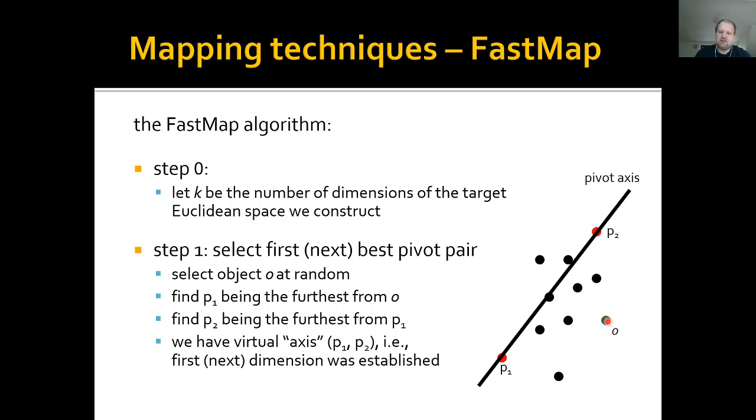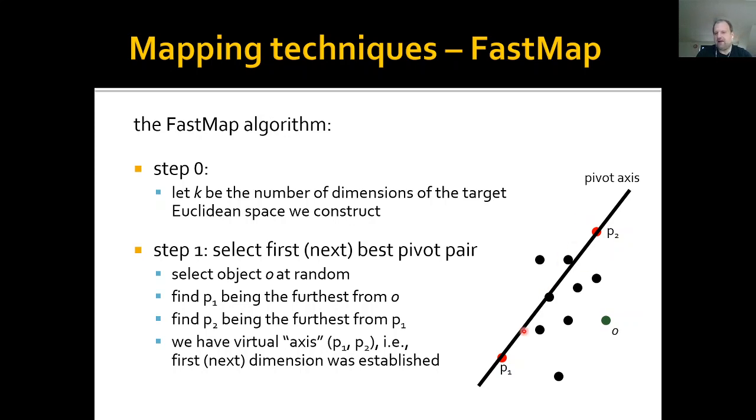Then we search for the farthest object from O, that is P1, and then we search for the farthest object from P1, that is P2. And these two objects form something like an axis, but of course we are still in metric space, so there is nothing like an axis, but let's pretend there is an axis. That's basically the illusion of the method of FastMap.